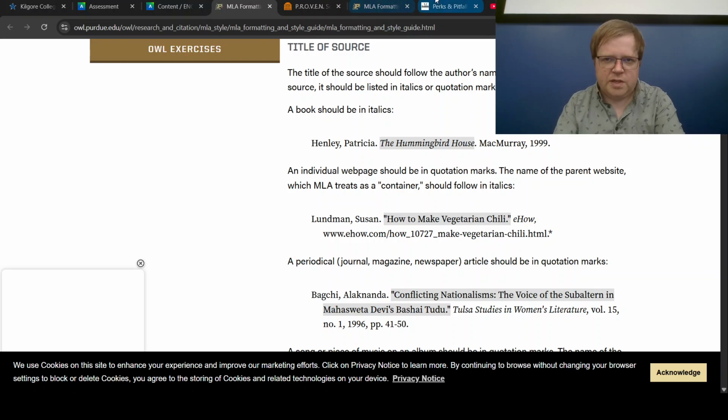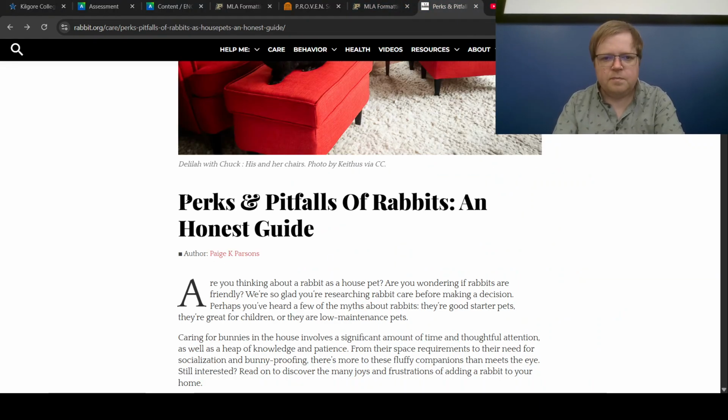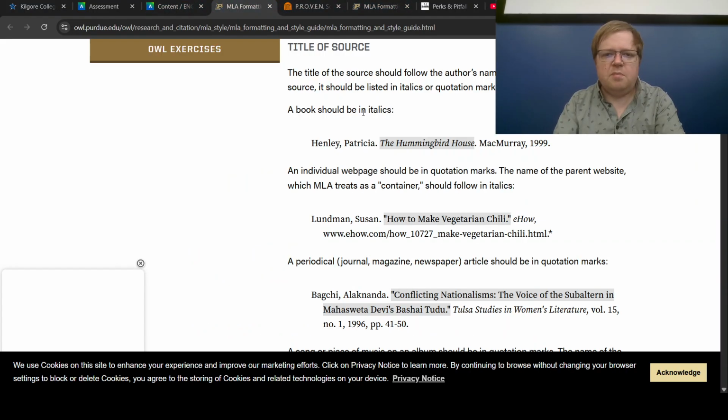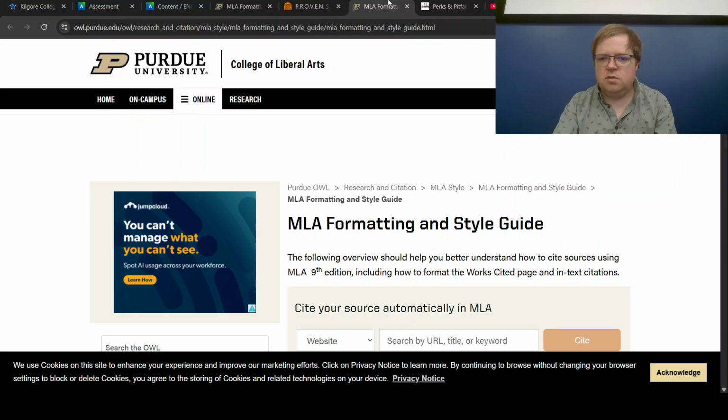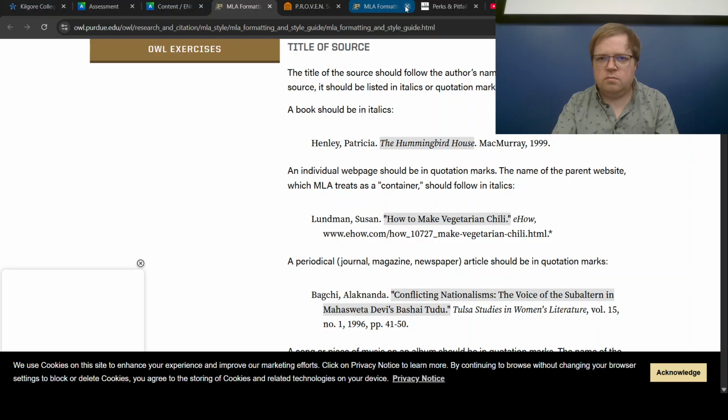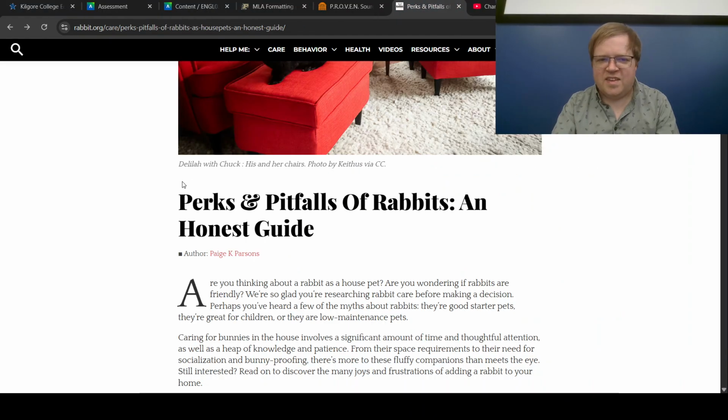Our source is an article from a website, and so we're not going to cite it like a book because it's not a book. We're going to scroll down to this one here, and this shows us that for individual web pages, we'll put it in quotation marks. All right, Perks and Pitfalls of Rabbits, an Honest Guide.